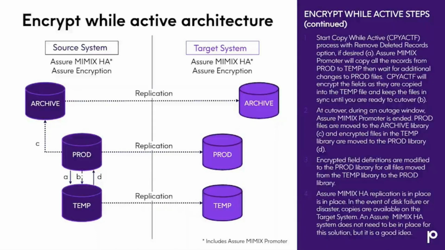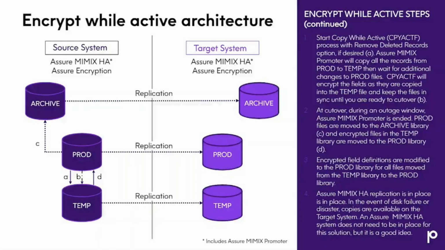You would have a script that simply moves the affected files out of production into the archive, and then moves the temporary files, which are encrypted, into the production library. Those are move operations, and they simply change the pointer of the files.